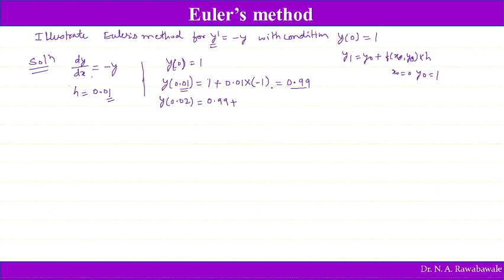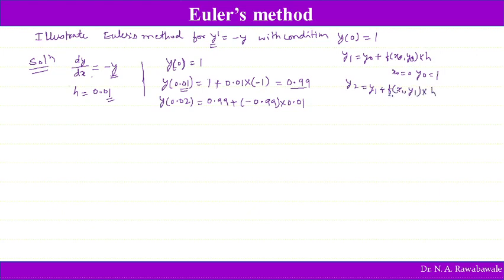So f of x1, y1 here is minus 0.99 into h value 0.01. So to get y2 is equal to y1 plus f of x1, y1 into h.